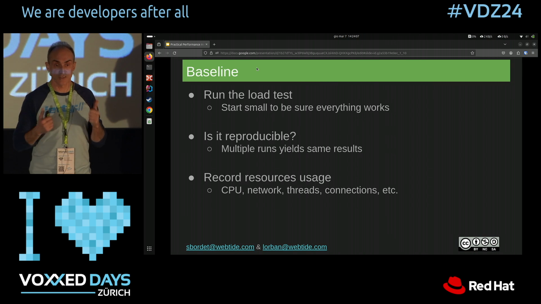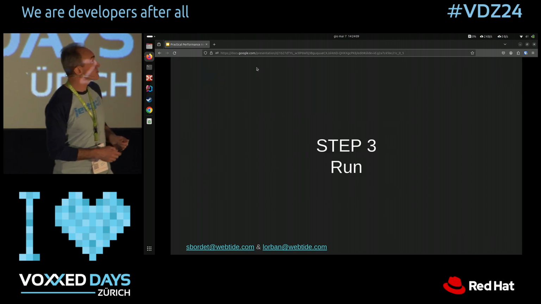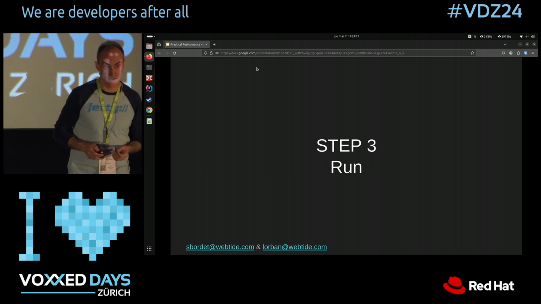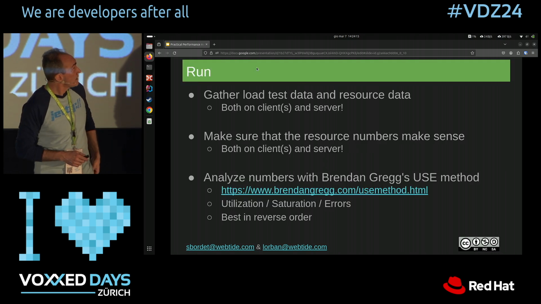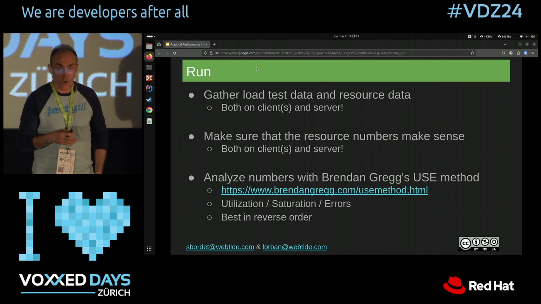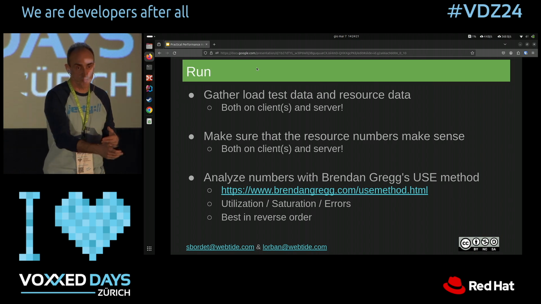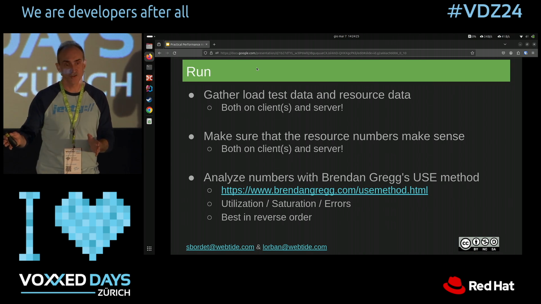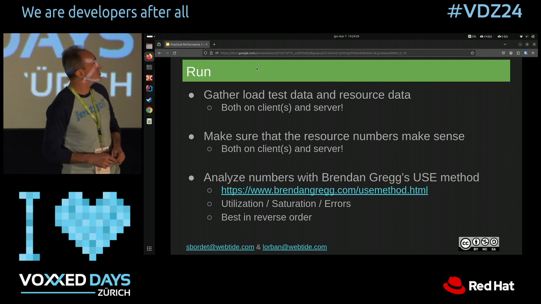You have configured your system, everything works fine, and you can go into step 3, which is actually running the load test. So you run the load test, and you gather all the information. So what is the load that you're imposing? And then all the resource tracking that you get, you finish the load run, and then you have all your information about the resources.